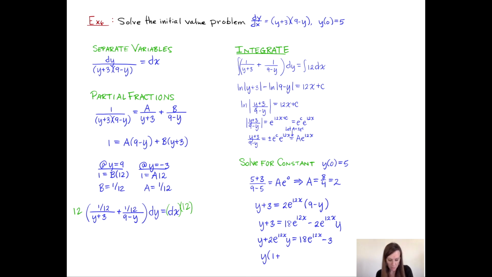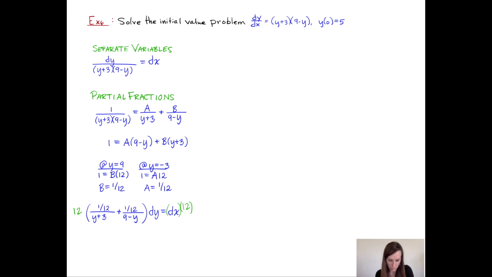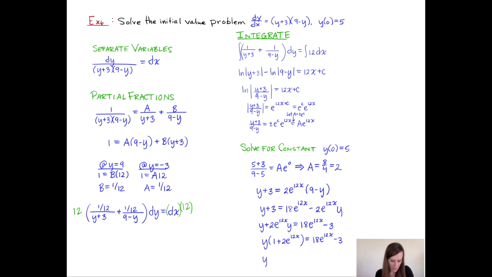Then we are left with 1 plus 2e to the 12x equal to 18 e to the 12x minus 3, and dividing both sides so that we can solve for y, we get that y is equal to 18 e to the 12x minus 3, divided by 1 plus 2 e to the 12x. And that is your final answer.